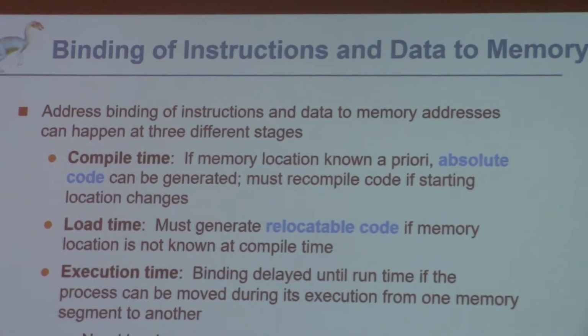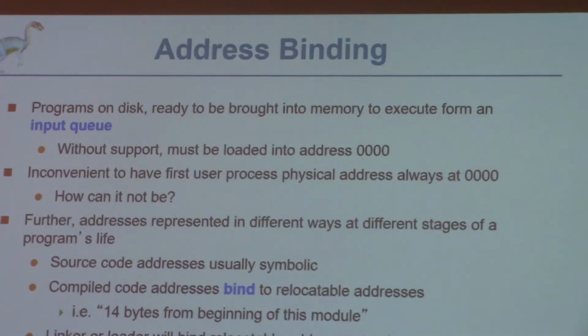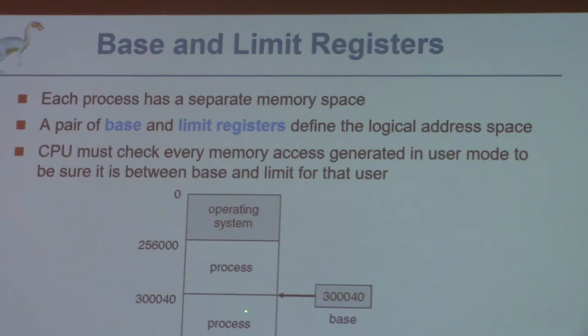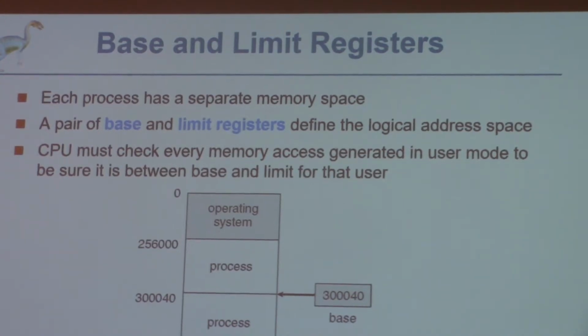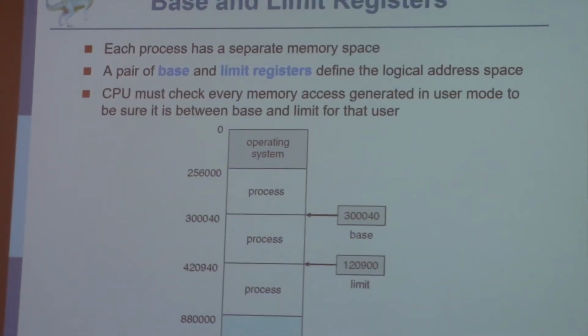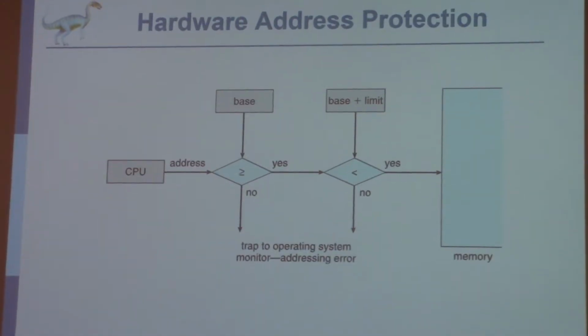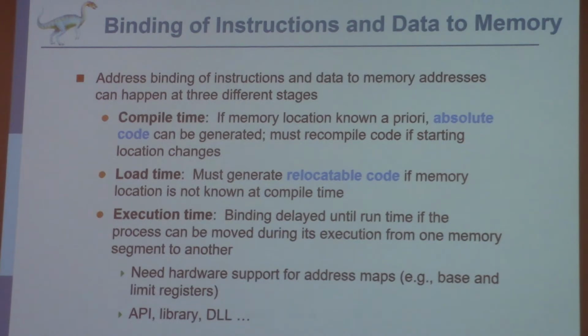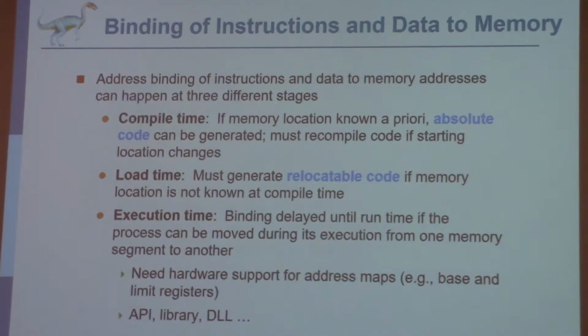However, a lot of the time we don't know whether a process is always here or always there, so some of the data is dynamically changed. That is called address binding. Address binding means that depending on where the process is located, here or there, the physical address will change.